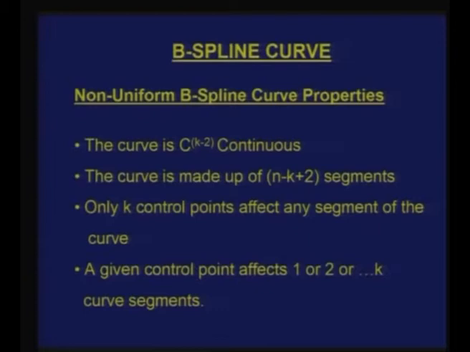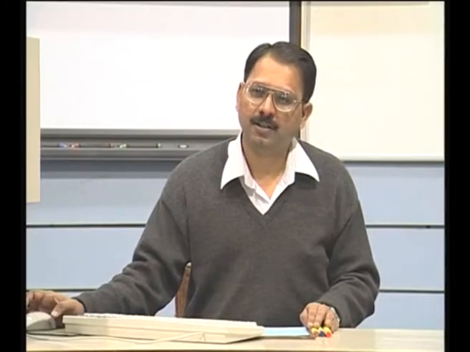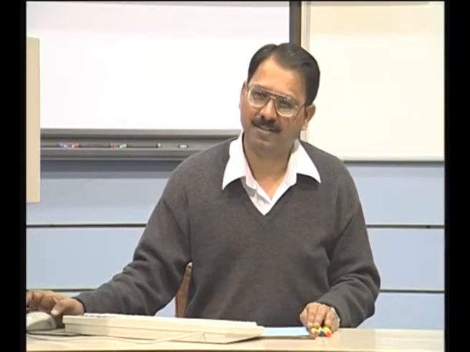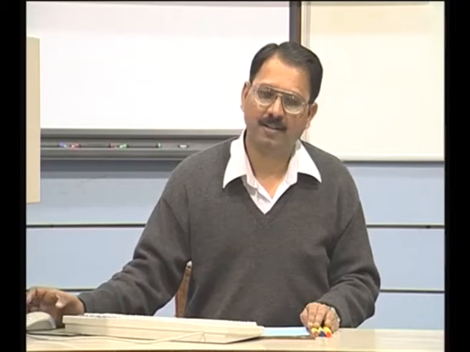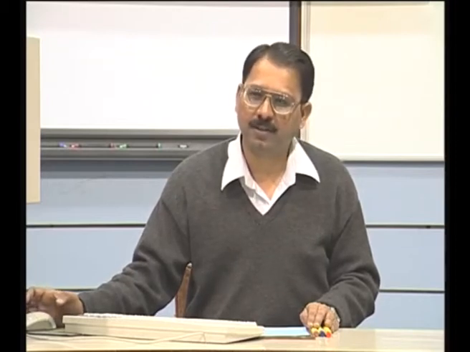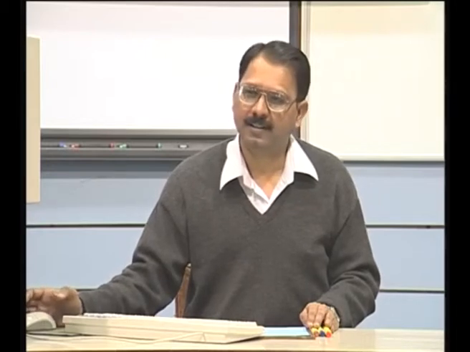Towards the ends, suppose I have a B-spline curve defined by 101 control points, 0 to 100, so n is equal to 100. The non-uniformity you have is only for the first 2 segments and the last 2 segments, because the first control point affects only the first segment, the second control point affects the first and second, and the third will affect the next 3.